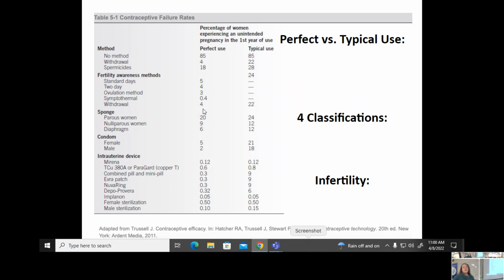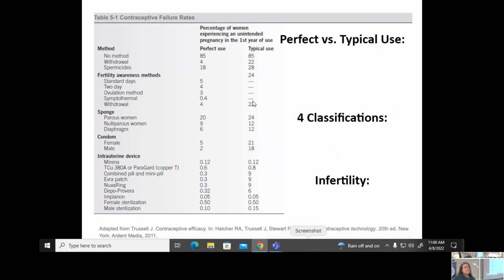If you do withdrawal very strictly, it can be a pretty good method. 1 out of 25 couples would have a pregnancy using withdrawal with perfect use. But with typical use, it's 1 in 5 couples that would have a pregnancy.